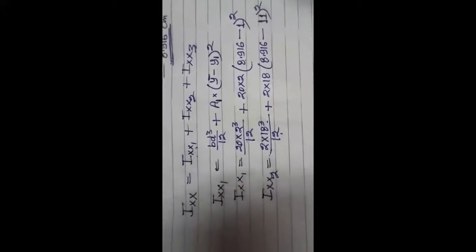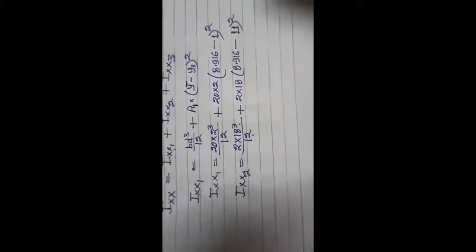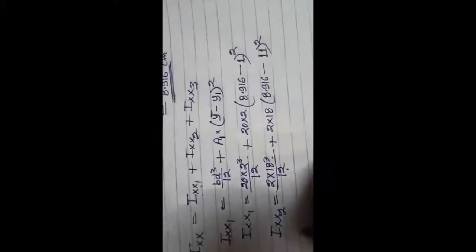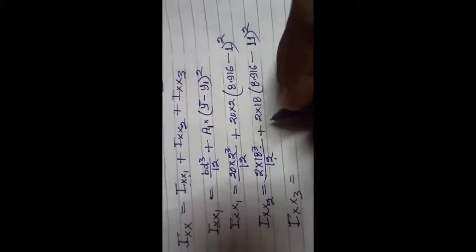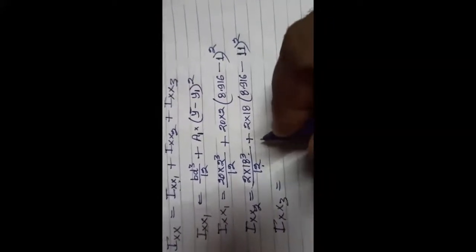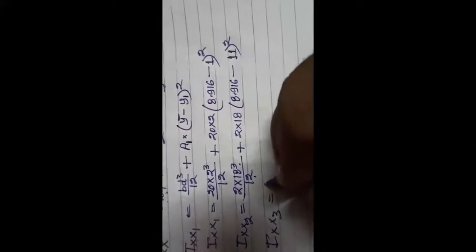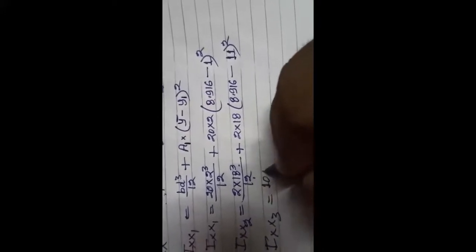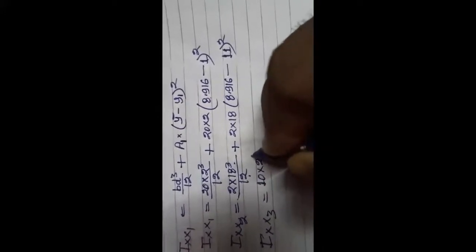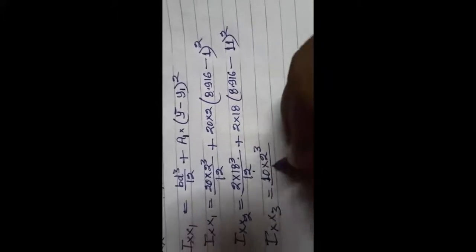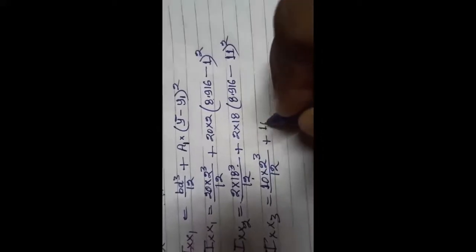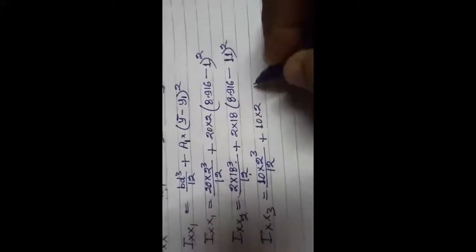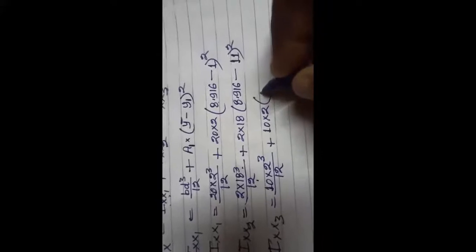So this is the square of this. Now IXX3, similarly, can we find out? So here again, 10 into 2 is the perpendicular side, to cube of 2 divided by 12, plus 10 into 2 area, and this is y bar.